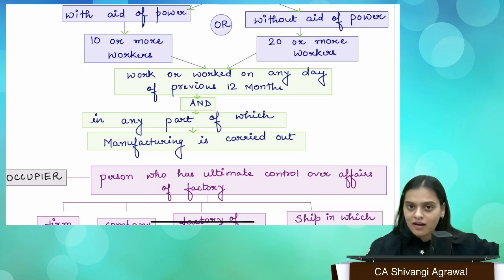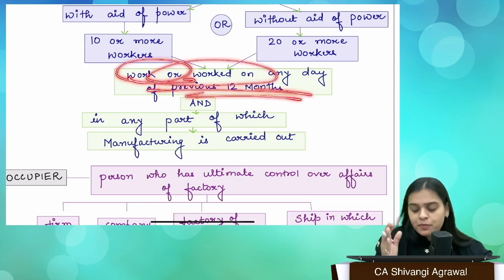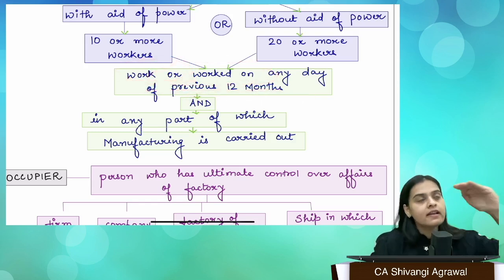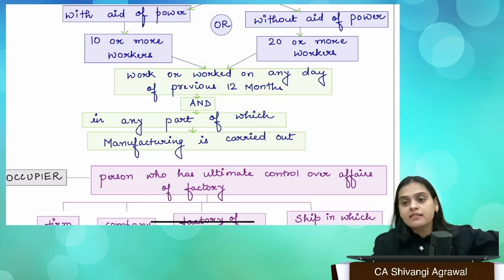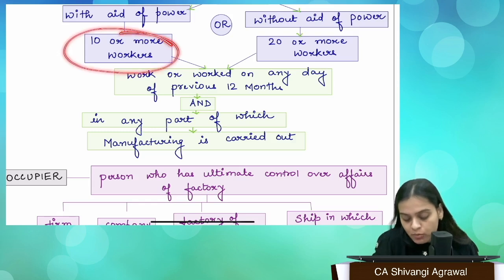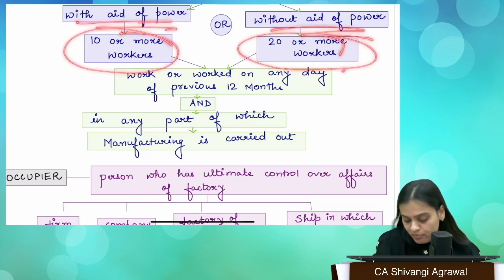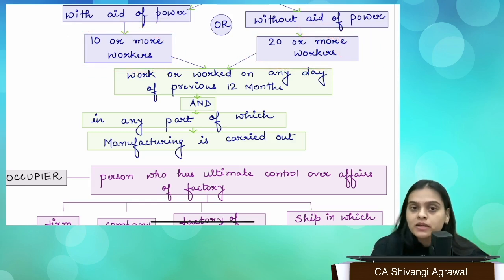We'll say they are not on our payroll. So it does not matter; if they worked on any day of the previous 12 months, that counts. If during the entire year of 365 days, on any day there were 10 or more workers with the aid of power or 20 or more workers without the aid of power, then that is going to be called a factory.